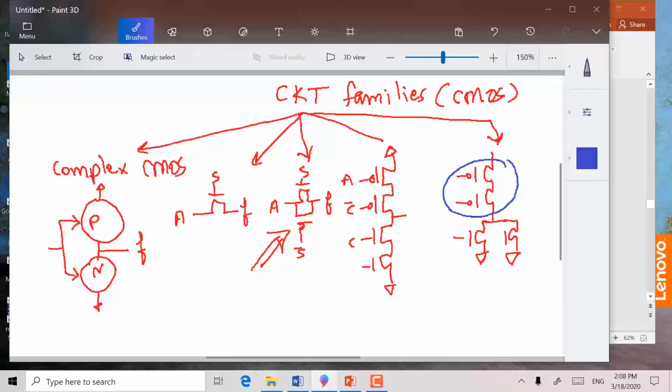There is the pseudo-NMOS method, where it replaces all of that with just a simple PMOS connected to either ground or control.